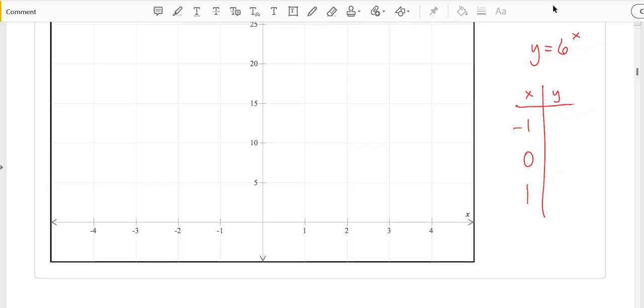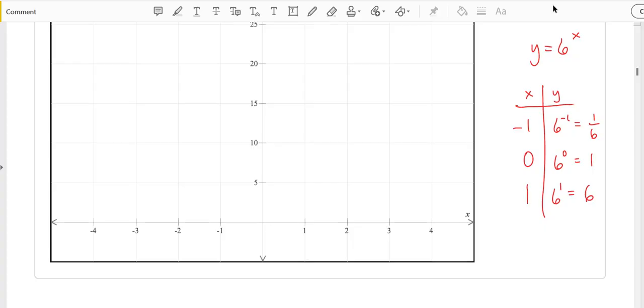My three favorite x values are -1, 0, and 1. When x is -1, 6 to the -1 is 1/6. When x is 0, 6 to the 0 is 1. And when x is 1, 6 to the 1 is 6.